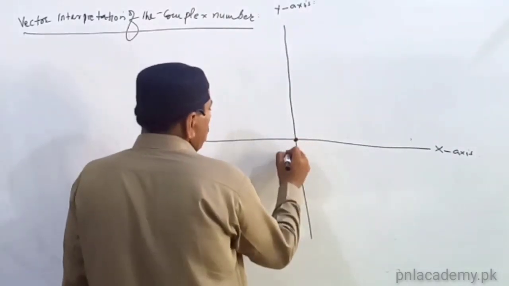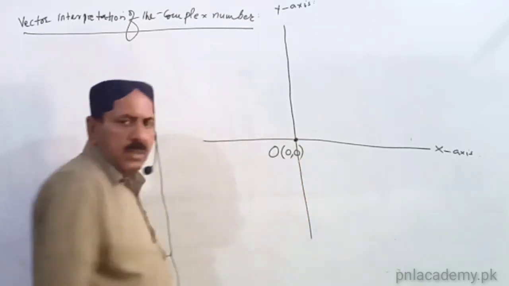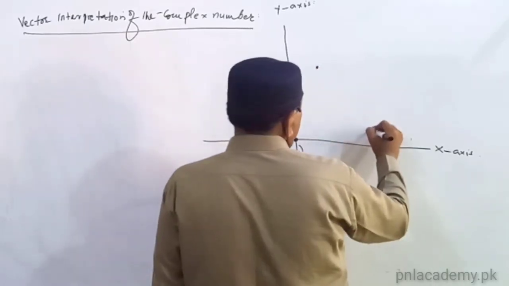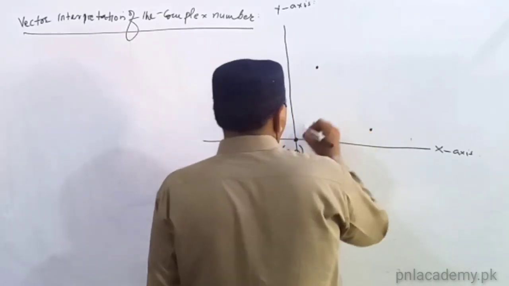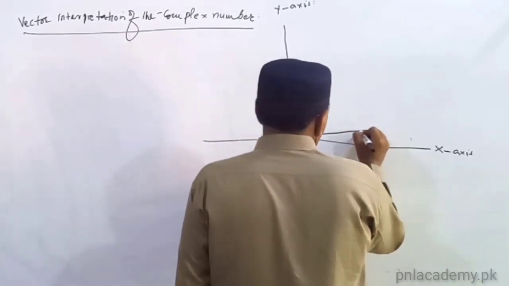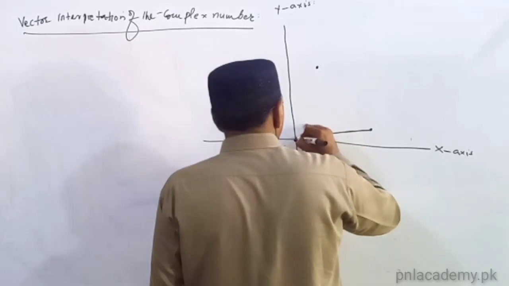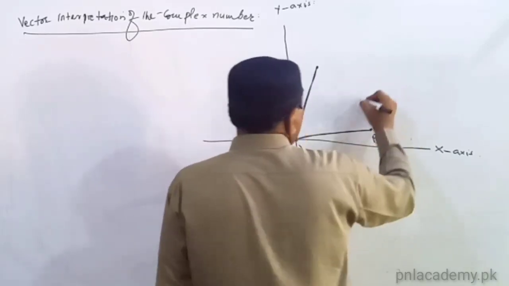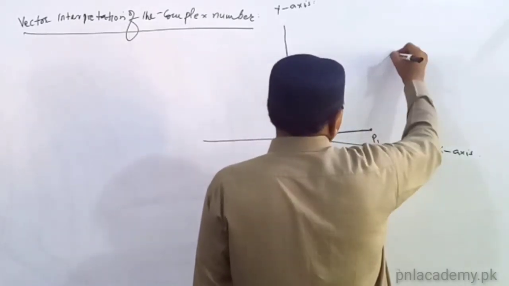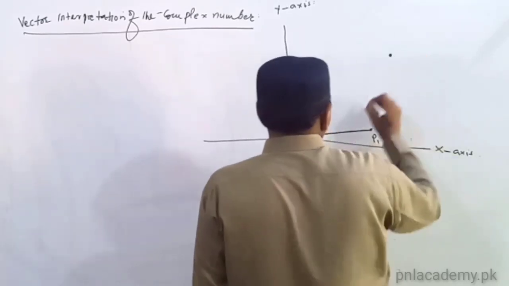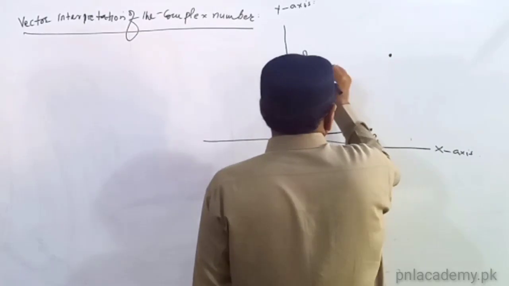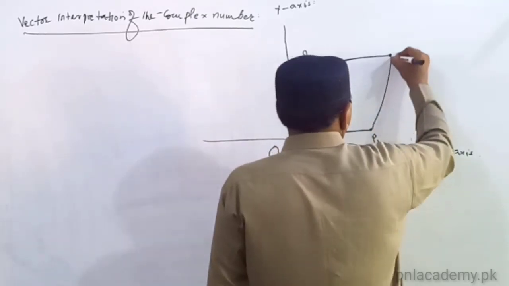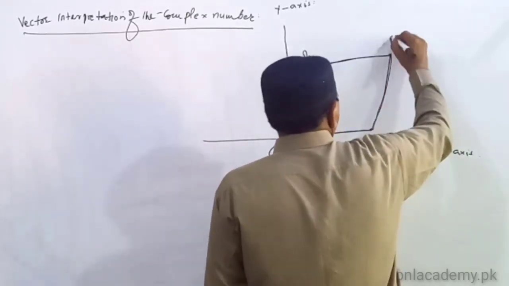So here is the origin (0, 0). These are two points. Here is P1, P2, and P3.